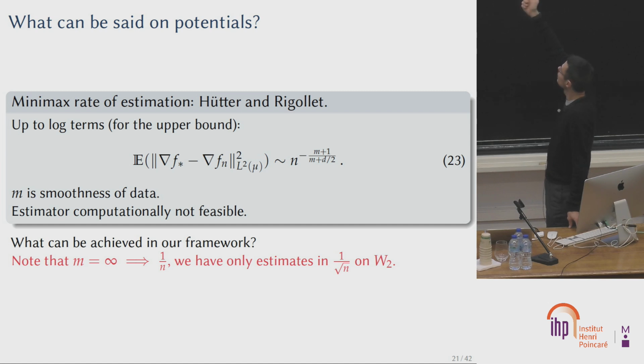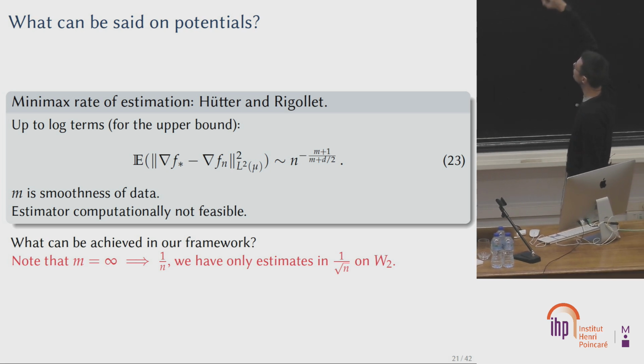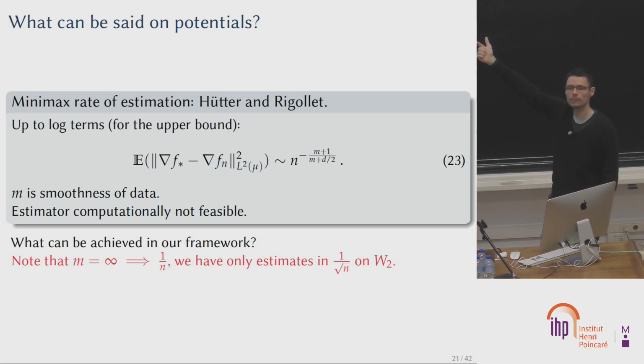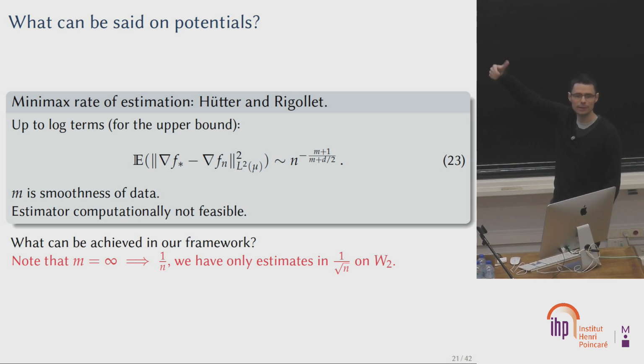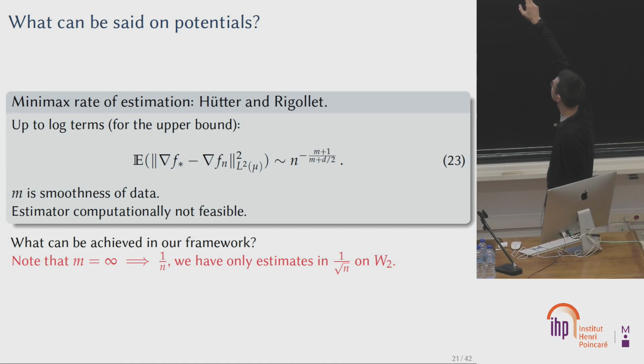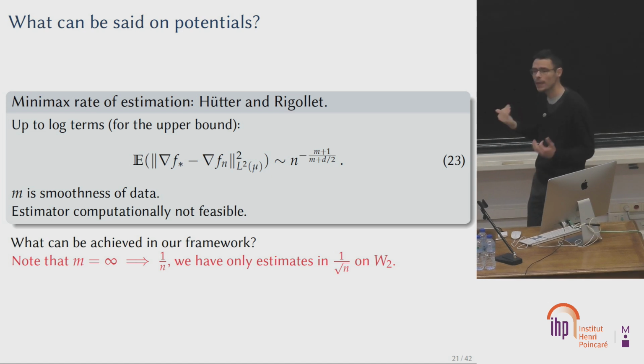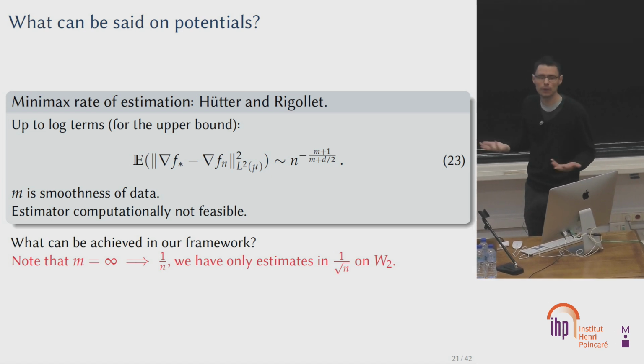Okay? And the best you can do is essentially to have an estimate, if M is the smoothness of the data, being mu and nu. You know that if you have smooth optimal transport, the map is smooth, C to the M plus 1, okay? So the best you can do is n to the power minus (M plus 1) divided by M. So if M is super large, it's essentially 1 over n.